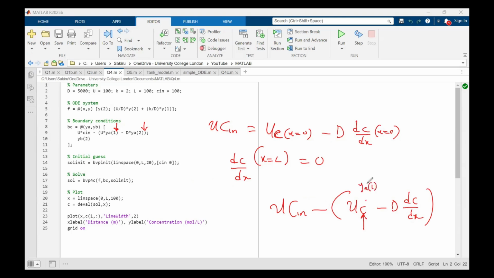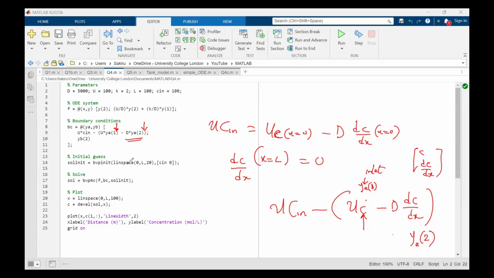So it is YA, this A is what represents the inlet. 1 is because it's the first row in that vector. So remember, it's C and dC/dx. And then this one is going to be YA2, which is what we have there, YA2.